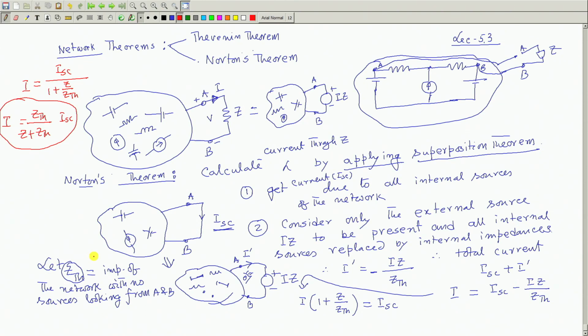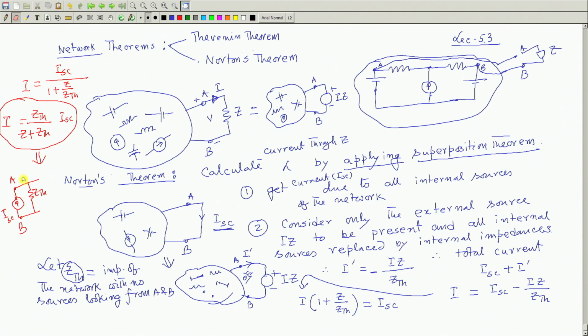Therefore, it looks like across AB these are two impedances connected in parallel, with current flowing through them. It means that across AB, as if there is a current source I SC and in parallel there is a Z Thevenin's.